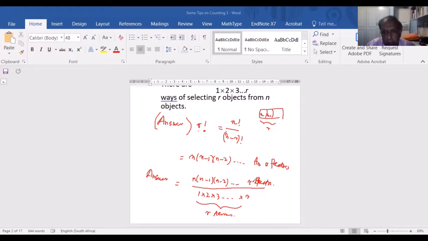You put r terms at the top and r terms at the bottom. At the top you start from n and come down until you have r terms, and at the bottom you start from 1 and go up to r. That number is equal to the number of subsets having r elements.